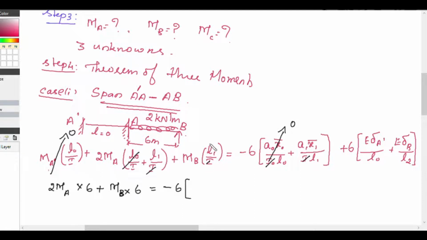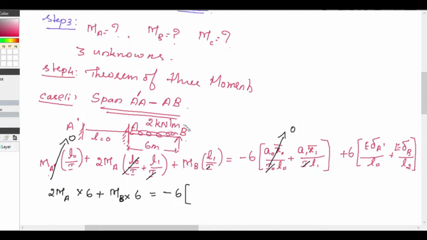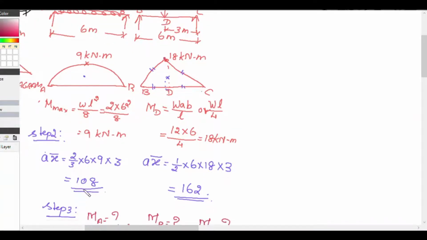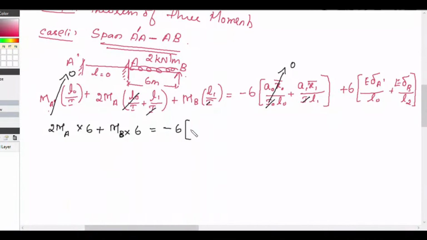So here A1 x1 is AB. So for the span AB, our A x bar is 108. So this is minus 6 into 108 divided by L1 is 6. So we get 12 MA plus 6 MB is equal to minus 108. This is our equation number 1.